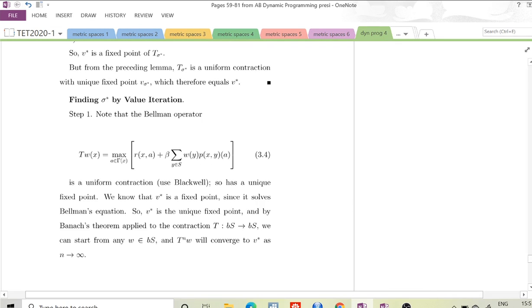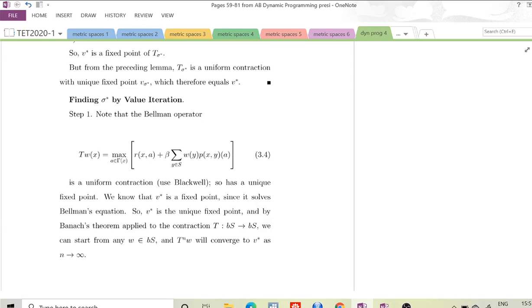We start with the Bellman operator T, the Bellman map T. If you stare at 3.4, you can see that the value function V star is a fixed point of T. If I replace the W and the TW with V star, this equation is satisfied. We showed that V star satisfies Bellman's equation.